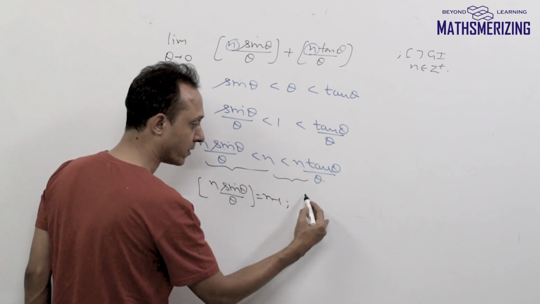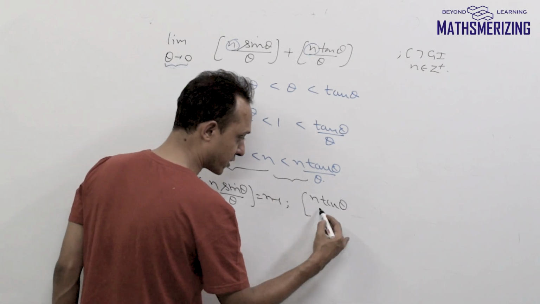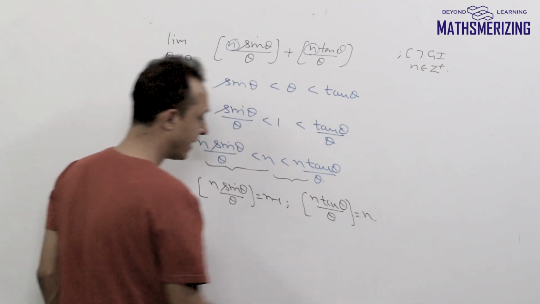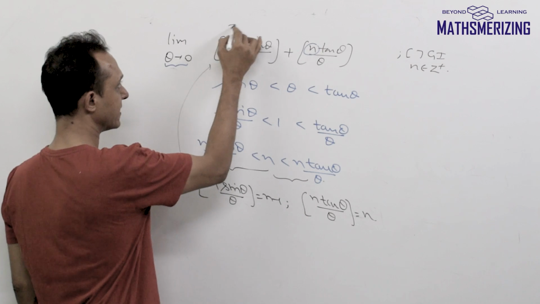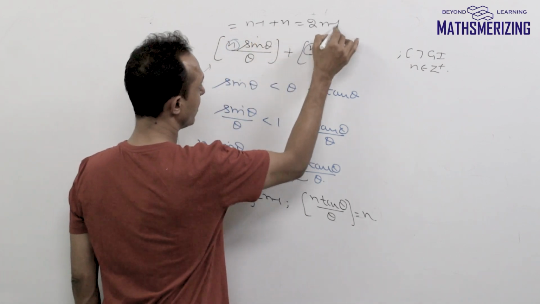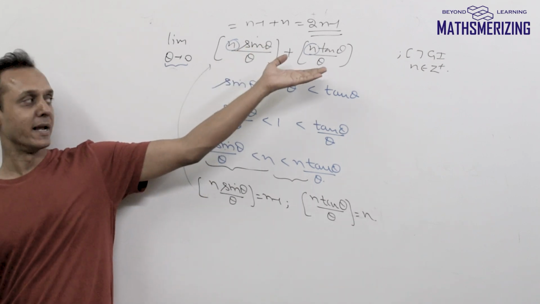So n tan theta upon theta is a little greater than n, so the greatest integer function of n tan theta upon theta is simply n. So if I put these values in this limit, I'll get n minus 1 plus n, so this is 2n minus 1. So the answer to this limit is simply 2n minus 1.